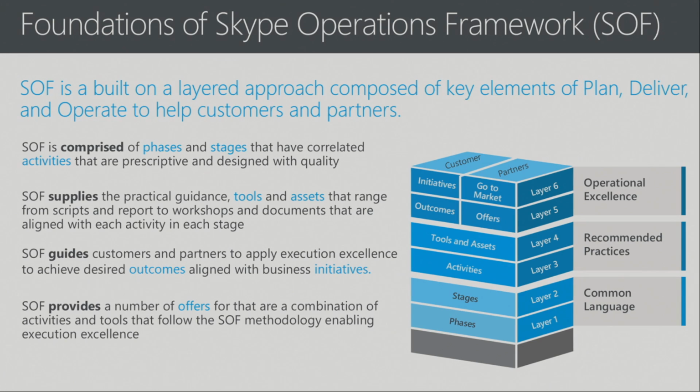And then within the activity, we define a set of tools and assets that go along with it. In some cases, it might simply be a workshop that we run, right, with a corresponding PowerPoint. For, say, enabling users at scale, it'll be a PowerShell script that'll bulk enable your users, assign the correct licenses, assign their phone numbers, right, the whole bit. Boom, script, done, being able to automate things.